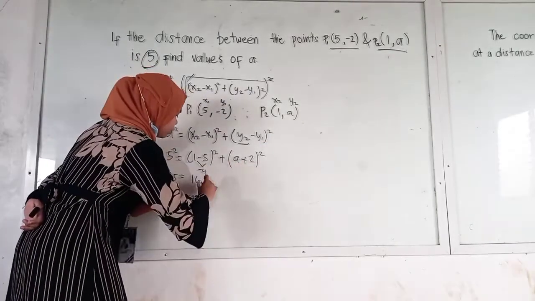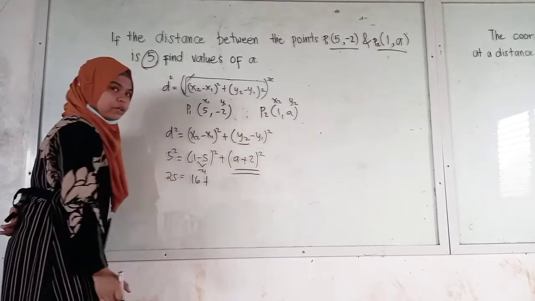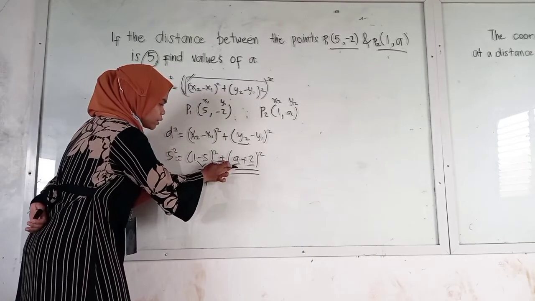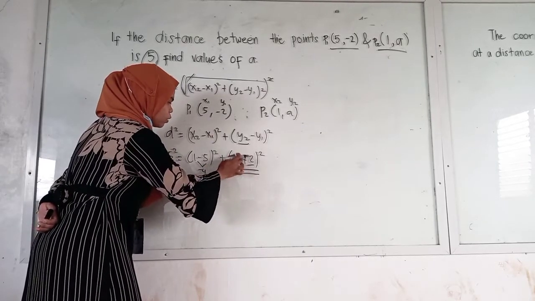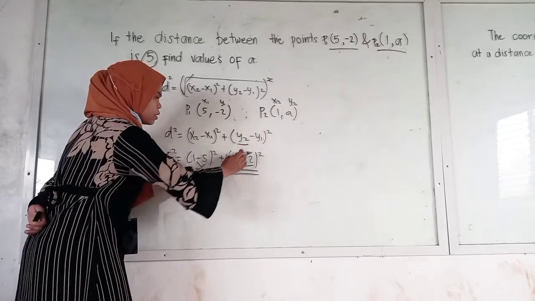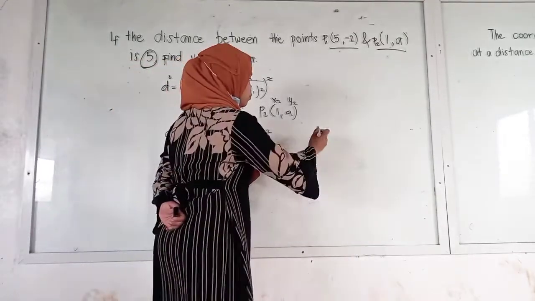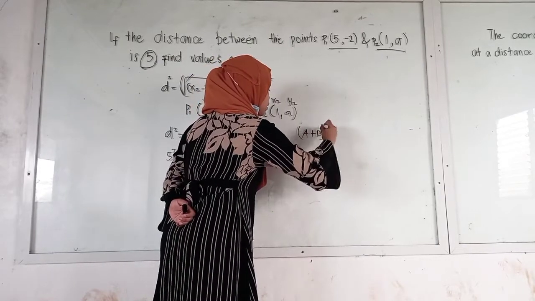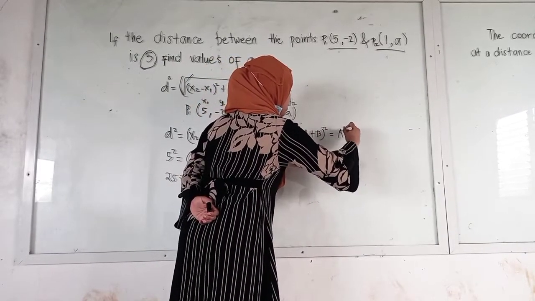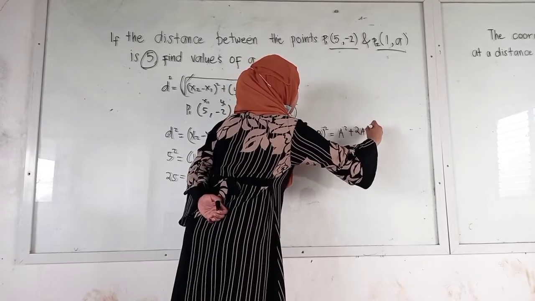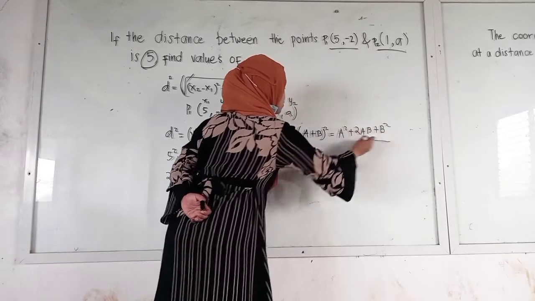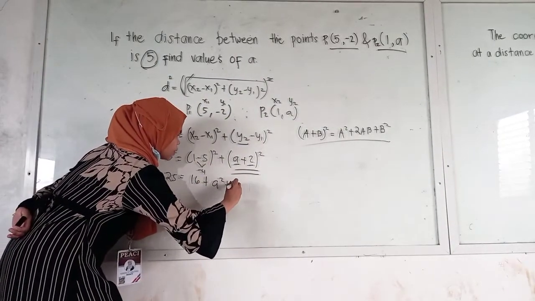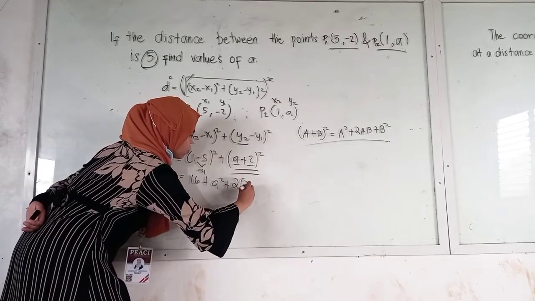And then for this, we will use the FOIL method or the special product because we have two terms. I have the first term A, the second term is 2, included in the parenthesis and then squared. That is the same with the special product formula (A plus B) quantity squared, which is equal to A squared plus 2AB plus B squared. So we have A squared plus 2 times 2A.